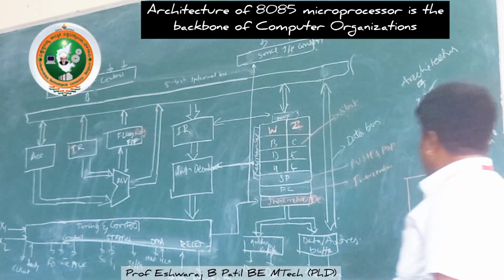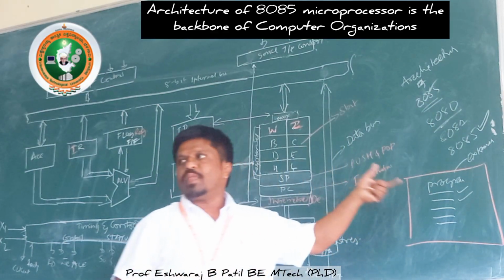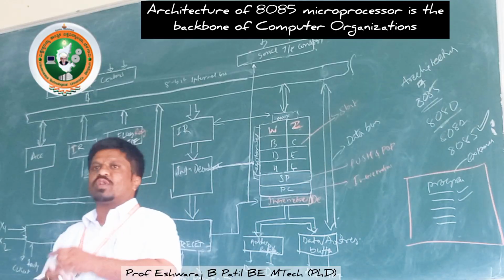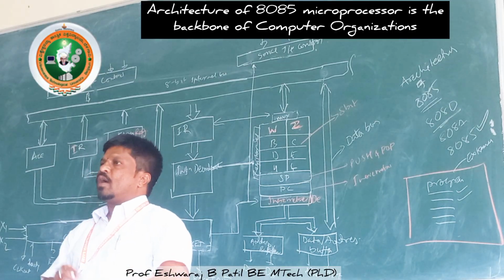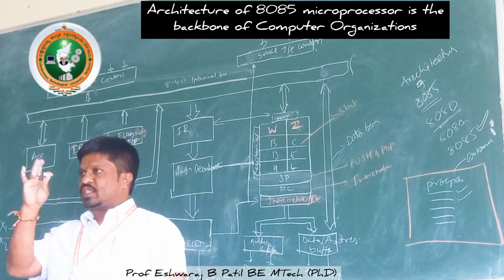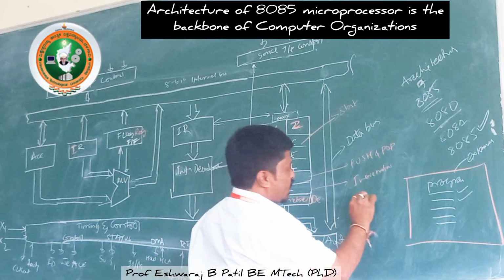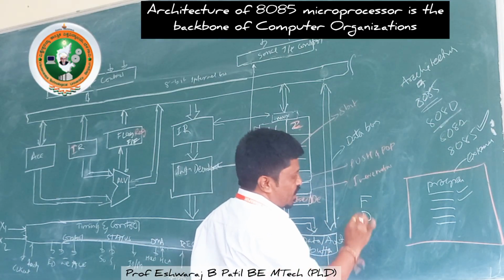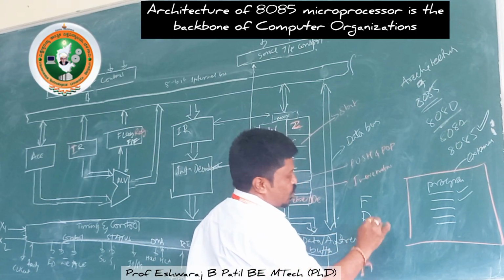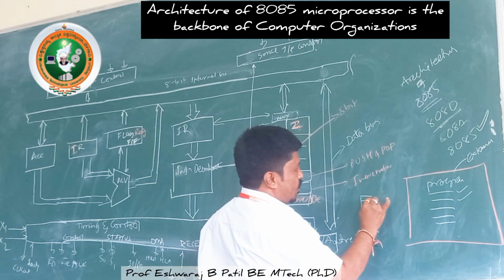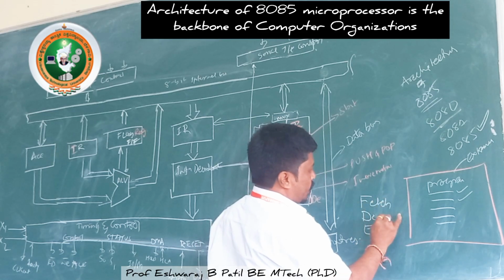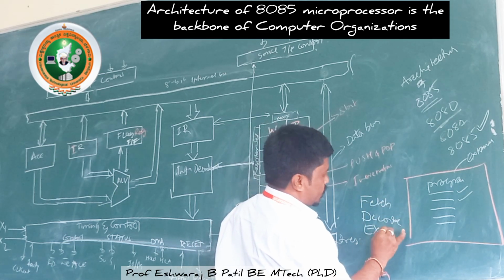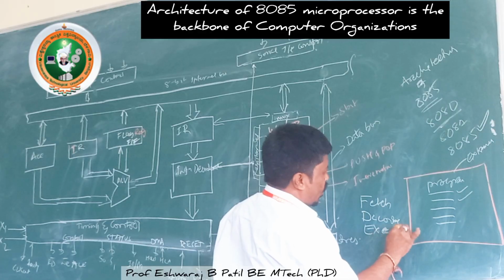For this purpose, I need to fetch the instruction. The instruction which is going to be executed works under three stages. One is fetch, another is decode, another is execute.